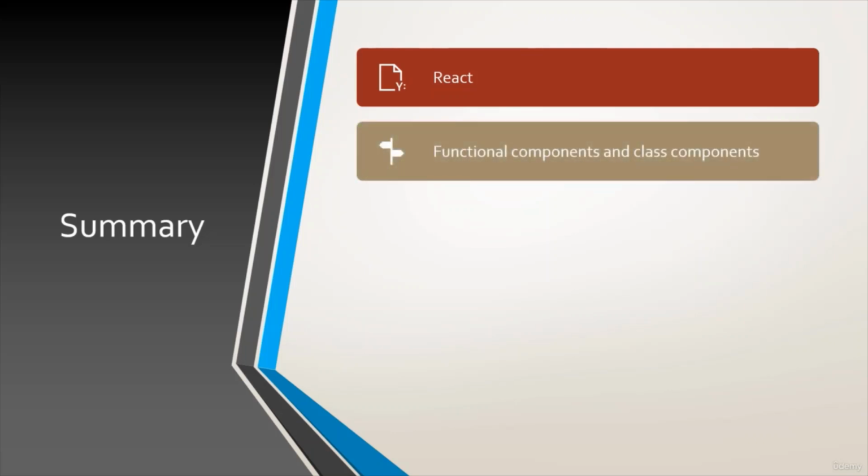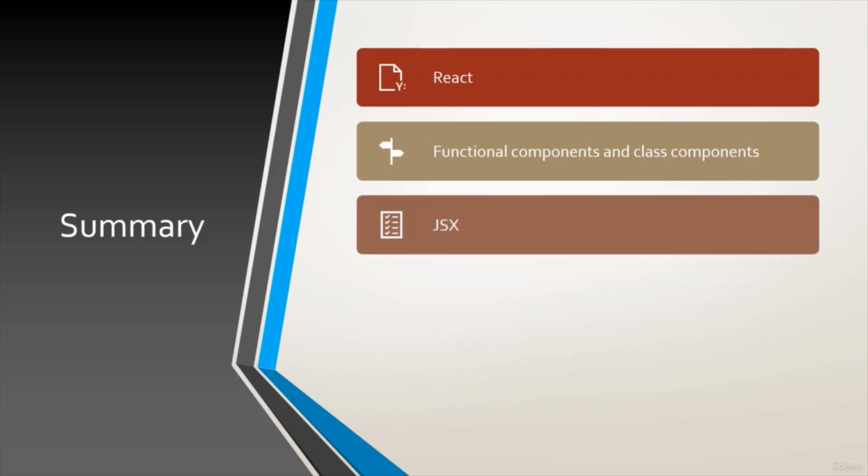We learned that we have functional and class components and that we can do mostly the same with both, because with the introduction of React hooks, new features were added to functional components that class components already had. We saw that JSX is a syntax that allows us to write user interface using JavaScript. It is similar to HTML, but it is not HTML.